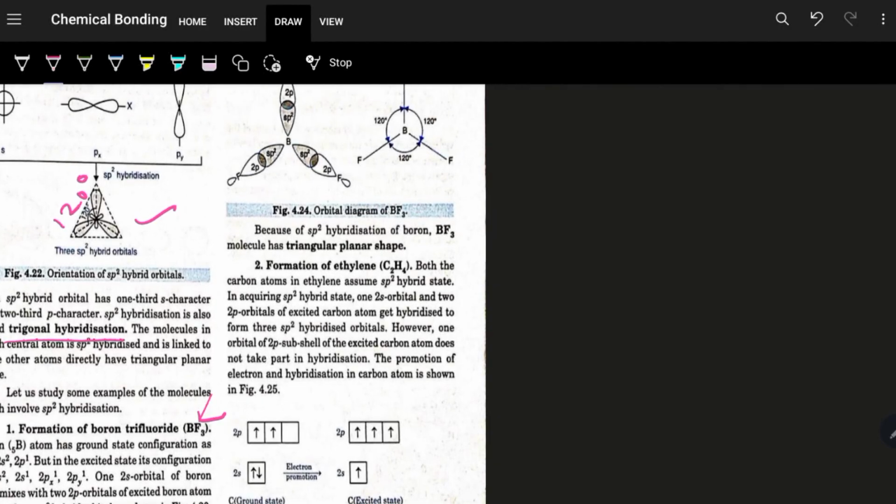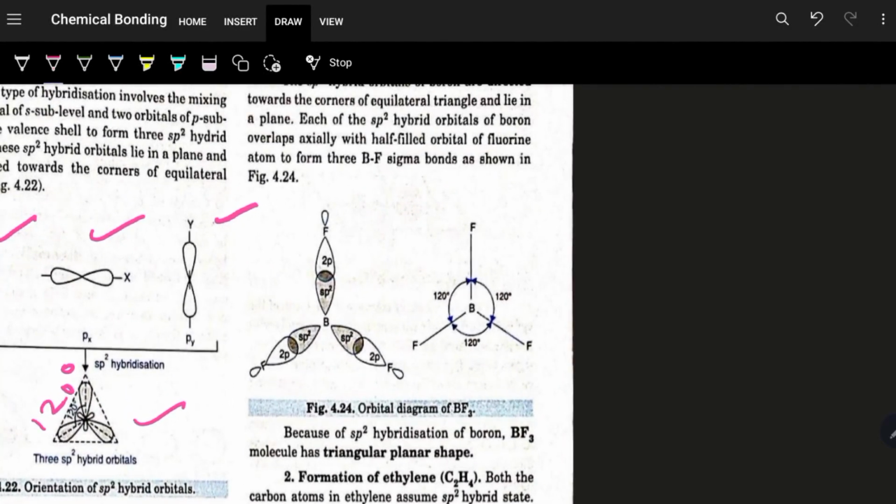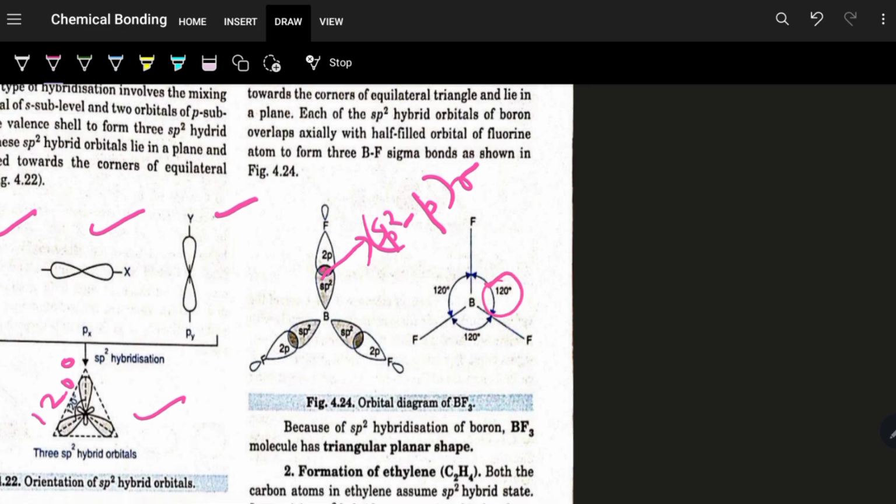And what is the geometry over here? It is a trigonal planar geometry with this type of sigma overlap, and this overlap is sp2p sigma. Why? Because fluorine uses its p orbital, so it is sp2p sigma. How many such is formed? 3 sp2p sigma bond is formed, and this is the bond angle of 120 degree.